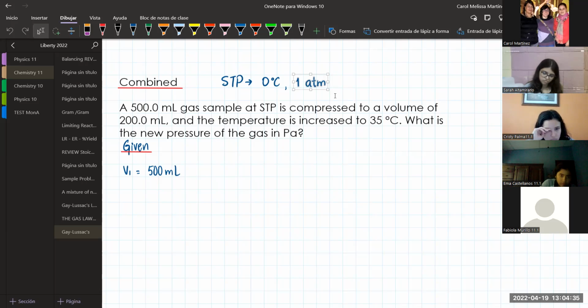What is my initial pressure? Initial pressure is 1 atm. STP, that means 1 atm. What is my initial temperature? Again, it is STP. 0 degrees Celsius.